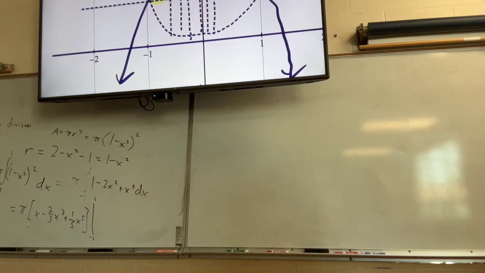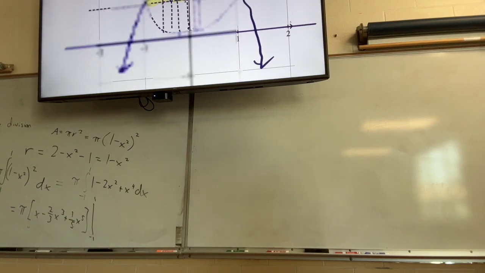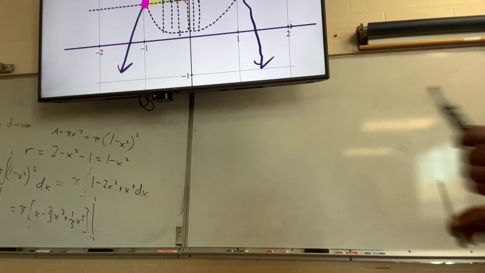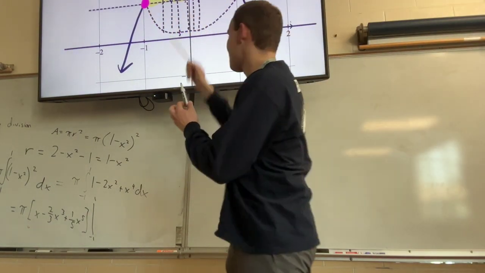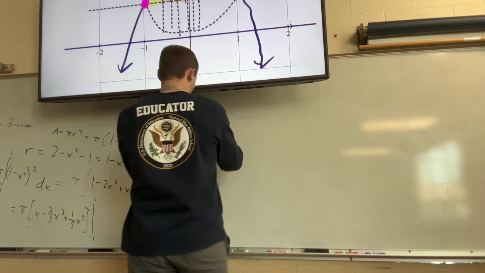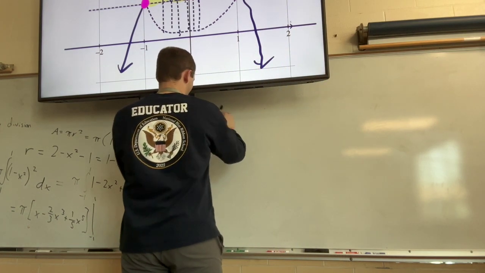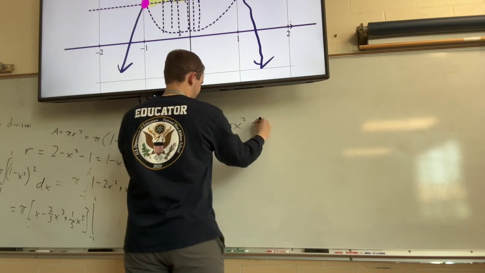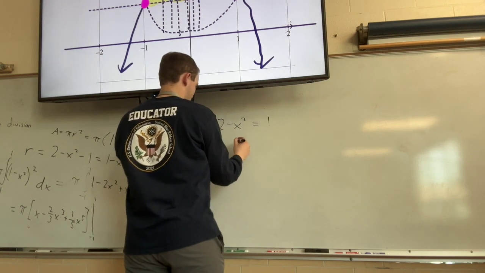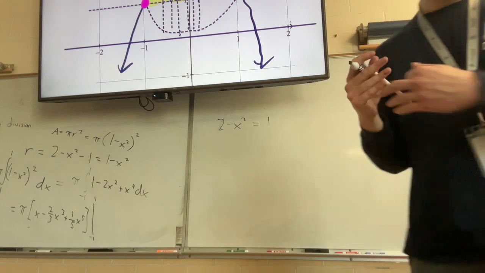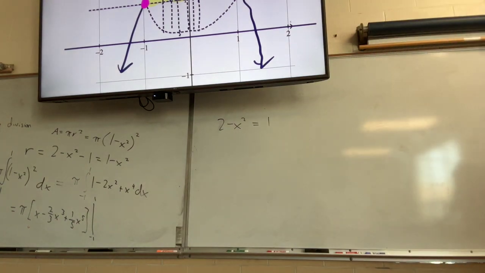We were eyeballing the two intersection points. I should have drawn the graph better. This does not intersect at -1 and 1, does it? Maybe the notes are wrong.